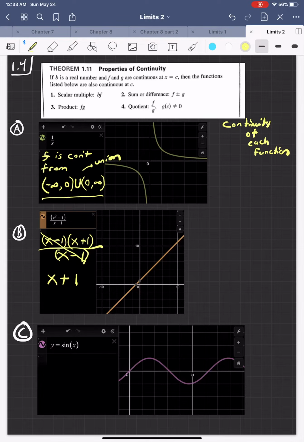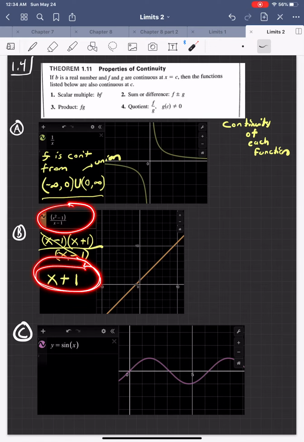But now, let's agree that in the original function, x cannot actually equal 1, right? Because if you plug a 1 in, you're dividing by 0. Even though this function reduces to this function and looks like a straight line, if x can't be 1 in the beginning, it cannot be 1 here either.